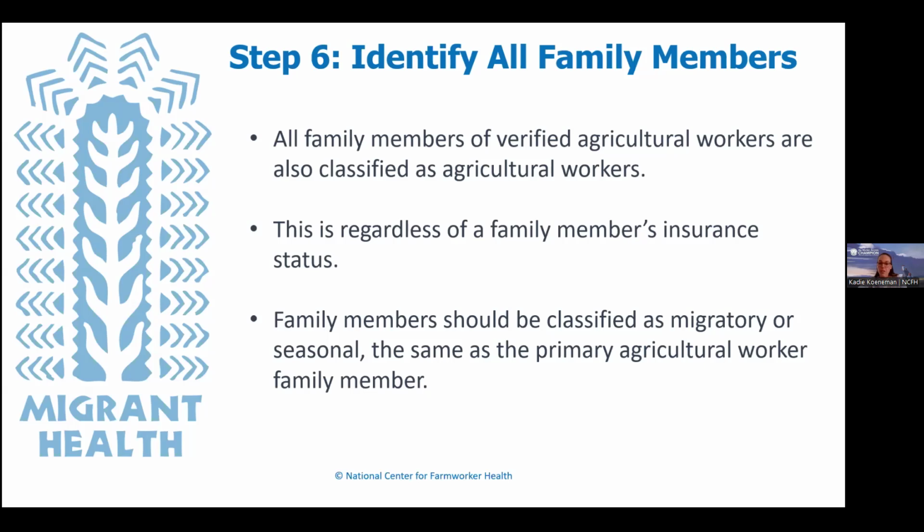I would say classifying the family members that are consistently coming into your health center as seasonal with that seasonal family member. And then when you see the migrating family member, that's how you classify that number. I think there's a couple different ways you can do it, but there's no strict rule on how to go about that. I think it would just be important to be consistent with whatever your health center chooses.